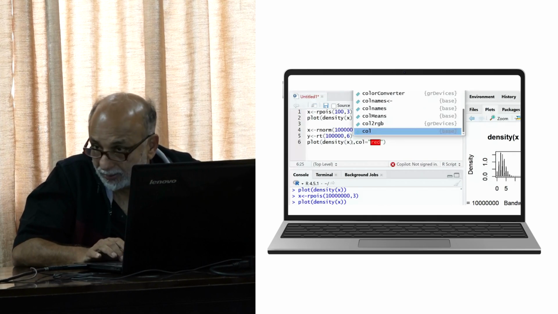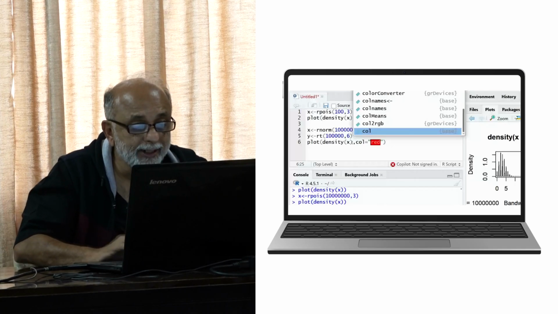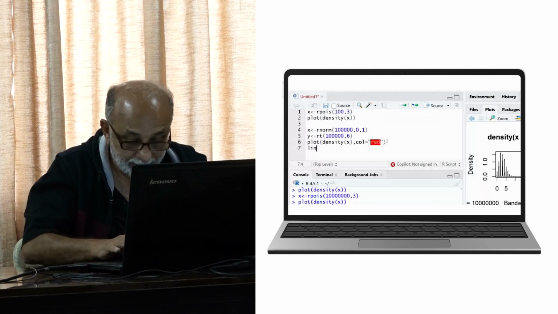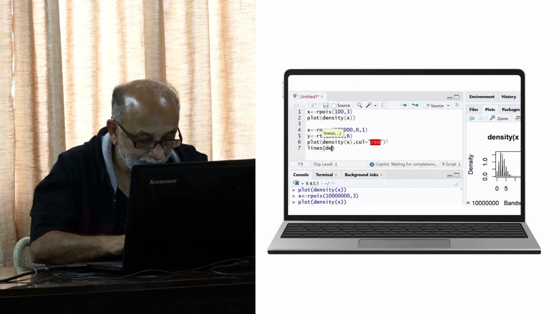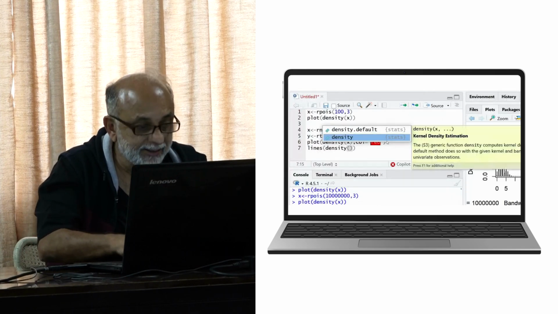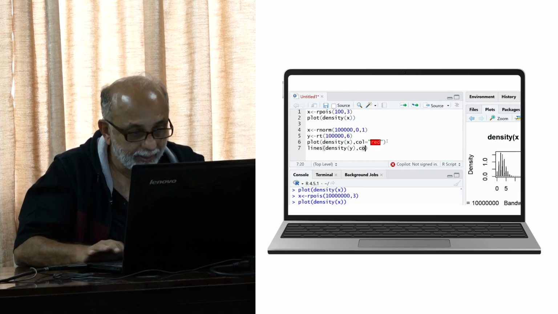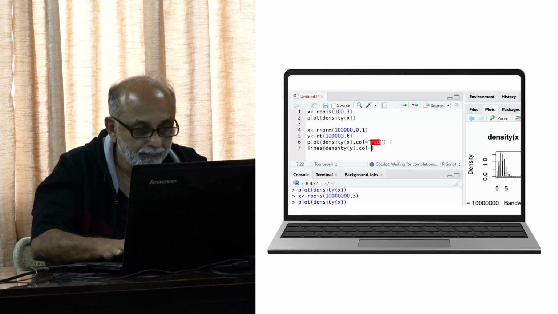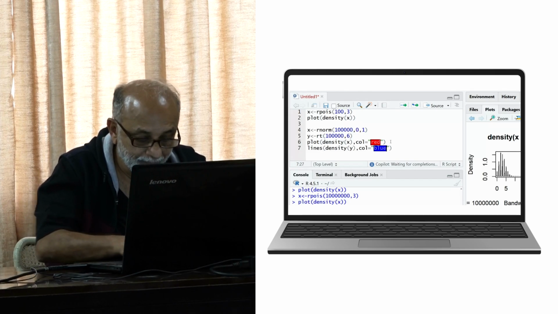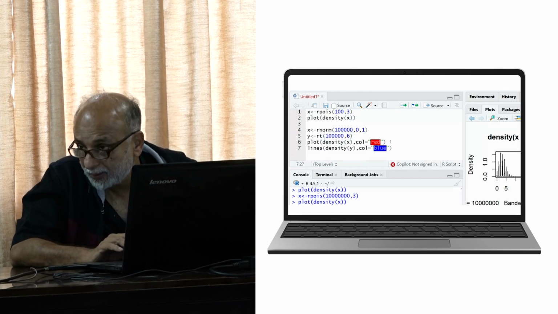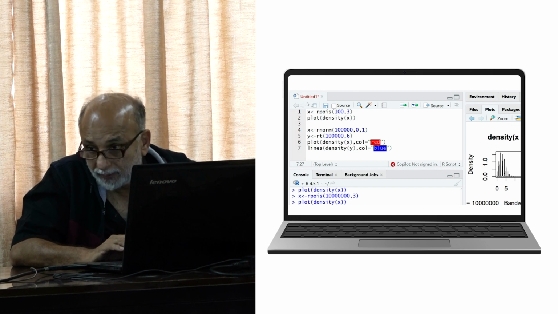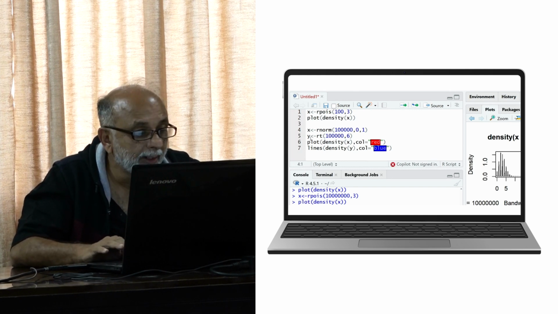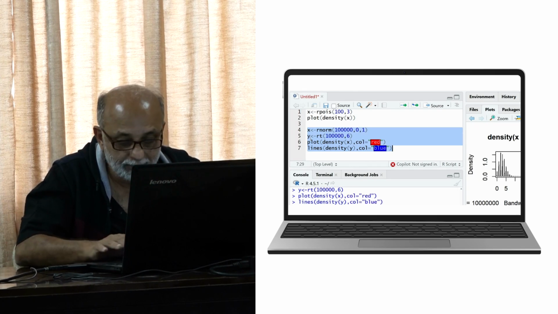And on this I will superimpose the density of Y. Y is the density of the T distribution with 6 degrees of freedom. So lines density Y, color is equal to blue. So the blue line is a student's T distribution. The red line is the standard normal.